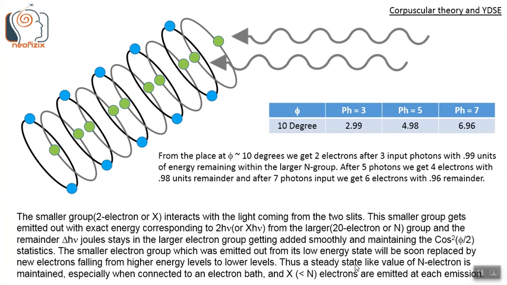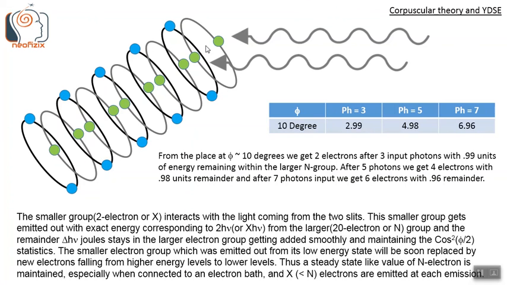This is especially true when this photographic plate is connected to the electron bath. Negative charge is connected to the negative charge. Thus a steady state like value of the larger group N electron is maintained.